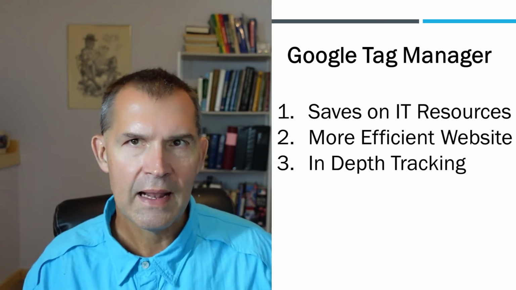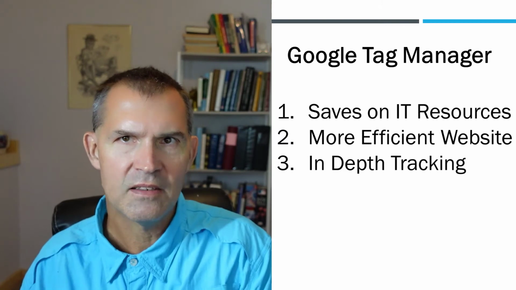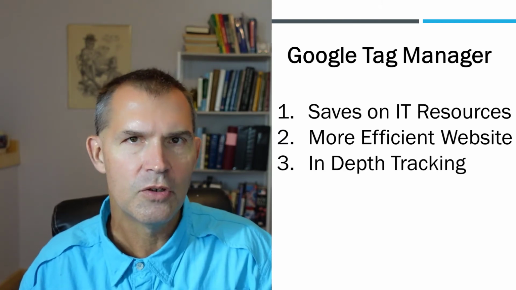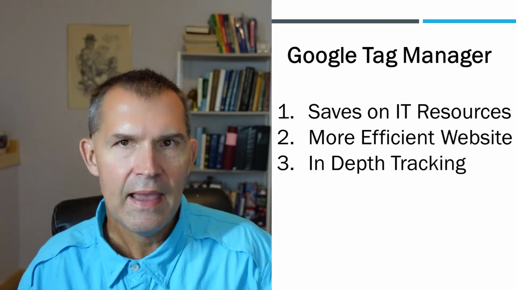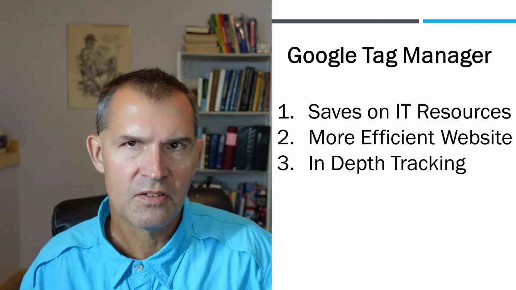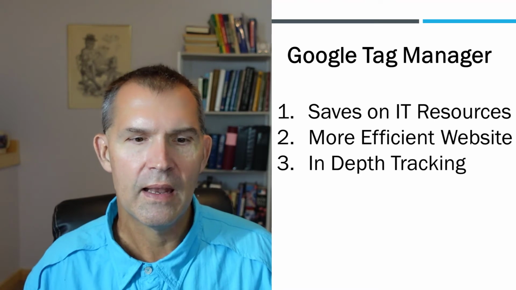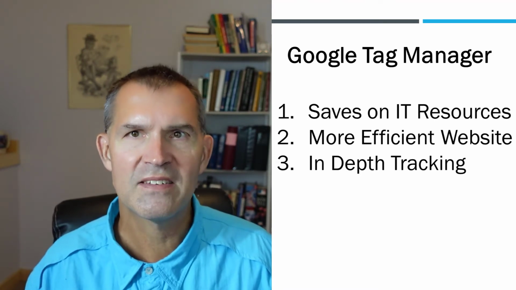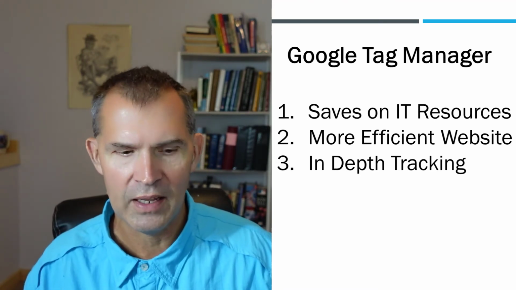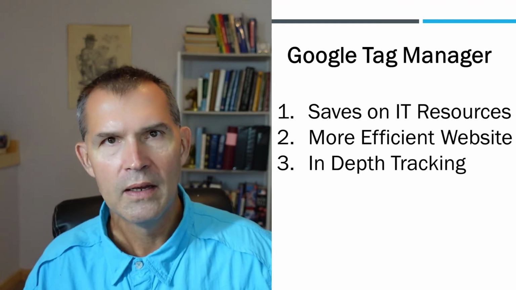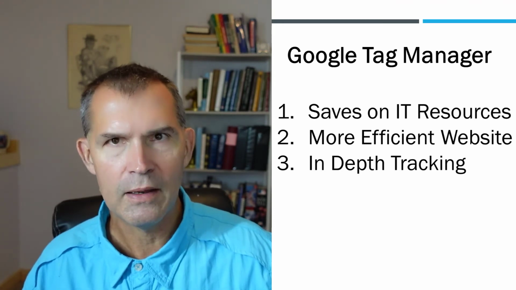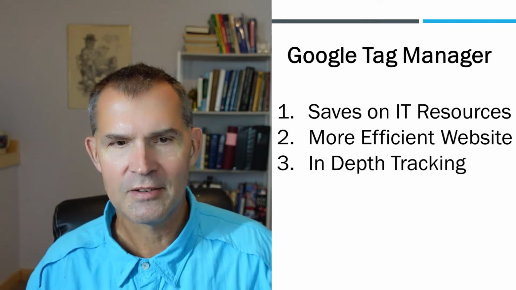You can constantly be adding more tags and triggers, and if there's a new tag that you want to try. And again, by having all of these in containers, rather than on each individual web page, it allows for faster page downloads. So those are definitely advantages to going to Google Tag Manager if you're just starting the process.